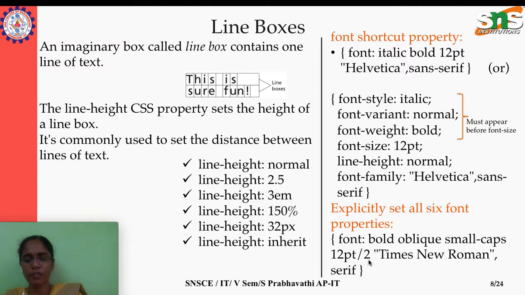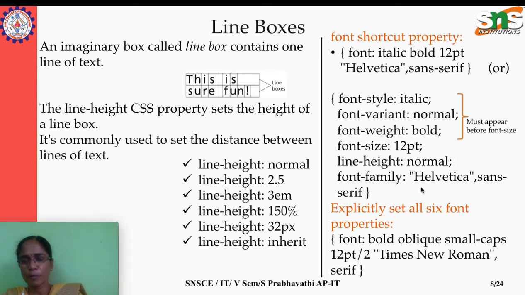In this way we give it in the shorthand representation of font, which is the shortcut property for these six different properties. The only difference is that while mentioning line height using the shortcut property font, immediately after the font size use the slash and give the line height value. Or if you opt for individual representation, you can choose that way also.